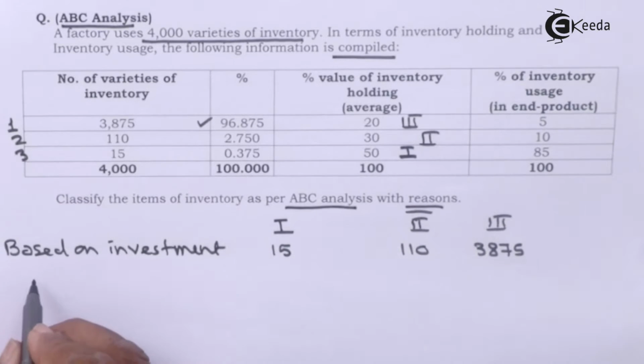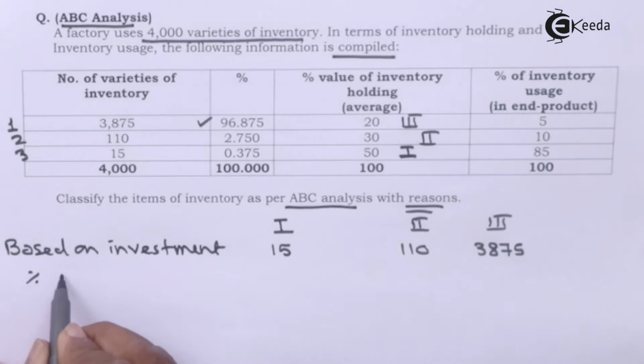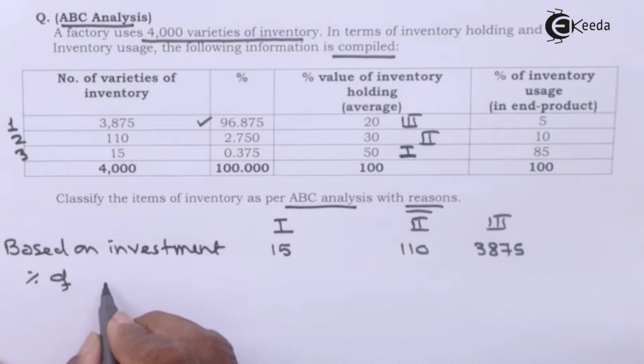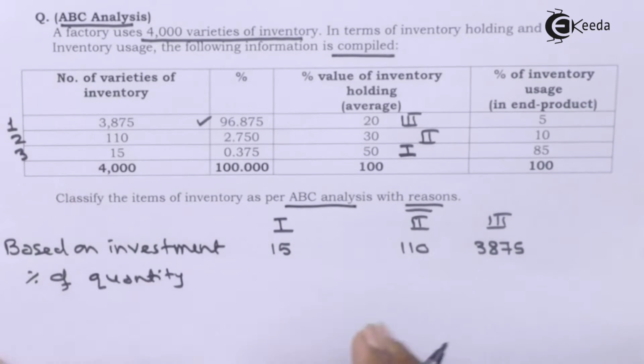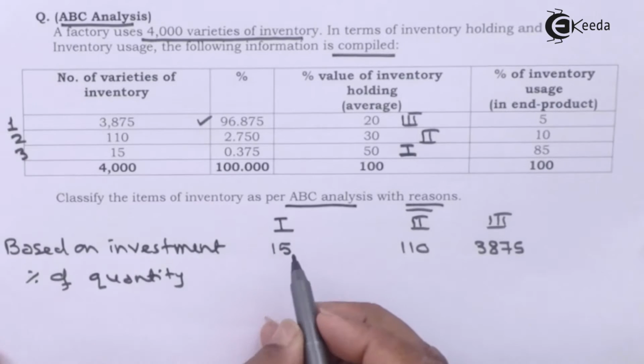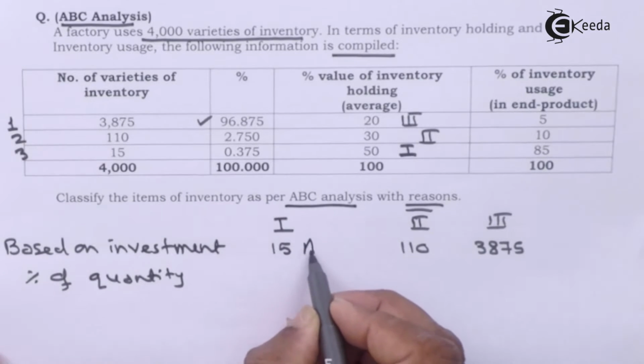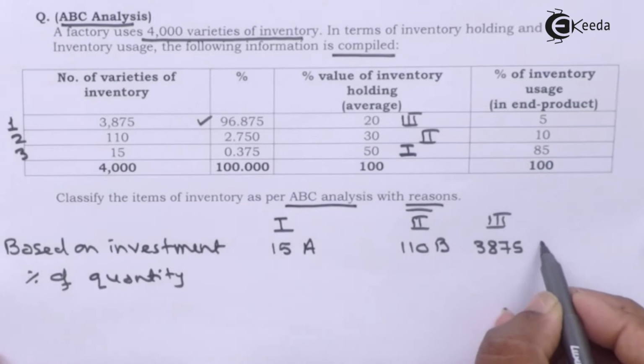Then percentage of use, accordingly this can be A category, B category, and this will be C category.